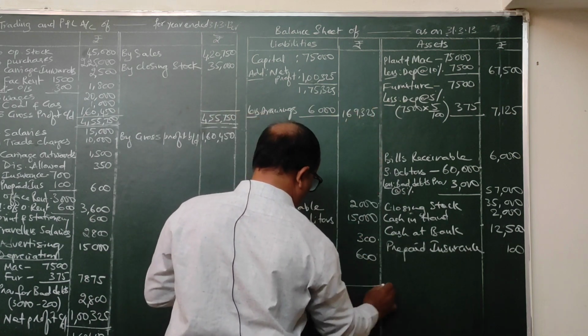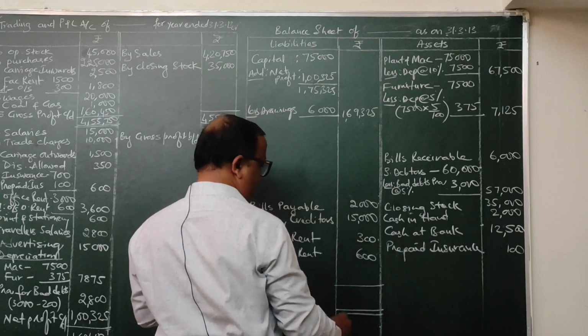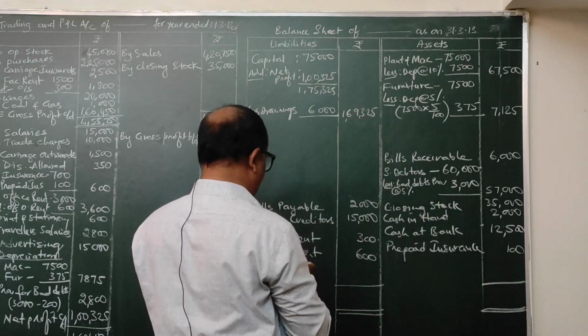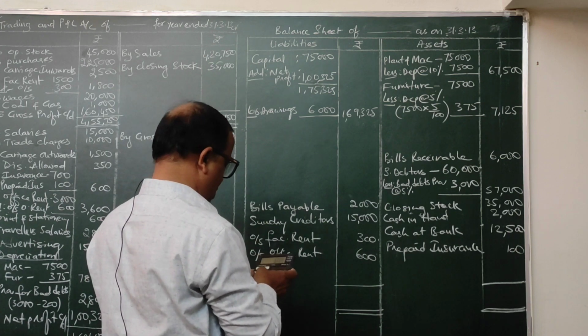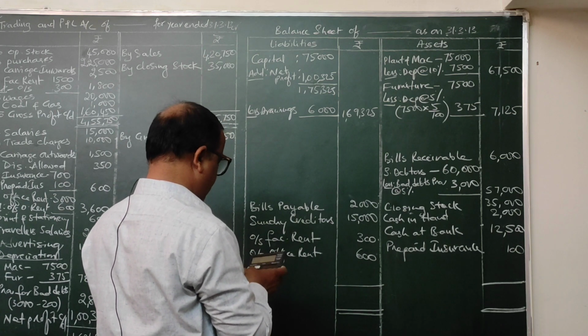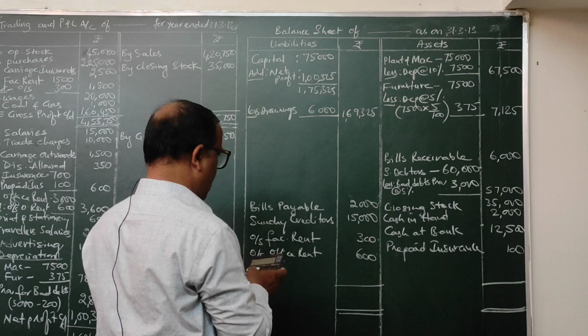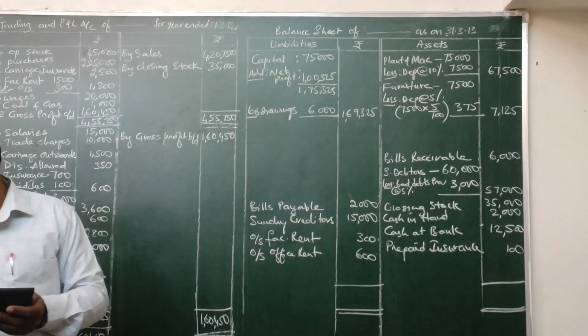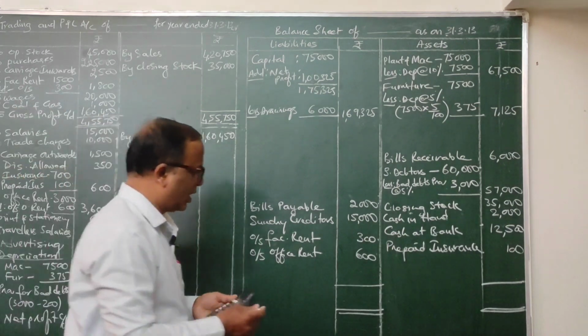Now let's add all the liabilities. 1,69,325 plus 2,000 plus 15,000 plus 300 plus 600. Your total is 1,87,225.